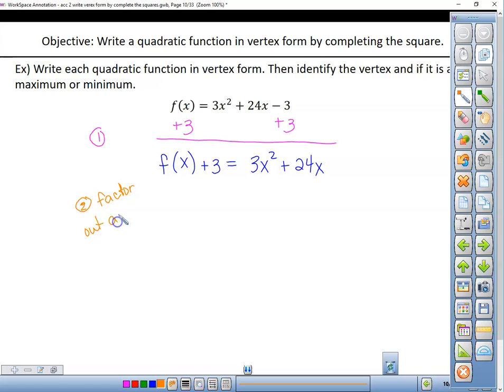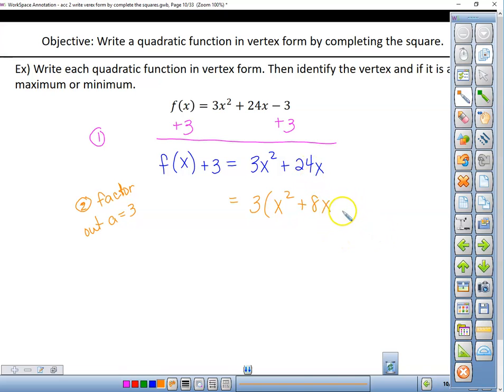So we're going to factor out our a value, which is 3. And so remember, when we factor, it's like we're dividing. So you can look at it as taking 3 divided by 3, which gives you 1x squared, or you can think of what times 3 gives you 3x squared, which would be x squared. This is like 24 divided by 3, which is 8, giving you plus 8x, or you can think what times 3 equals 24 to get your plus 8x.